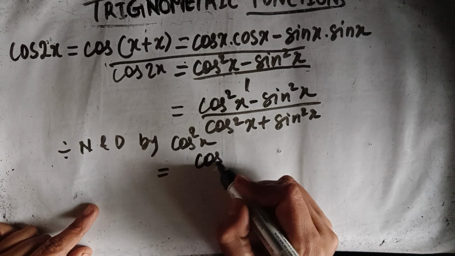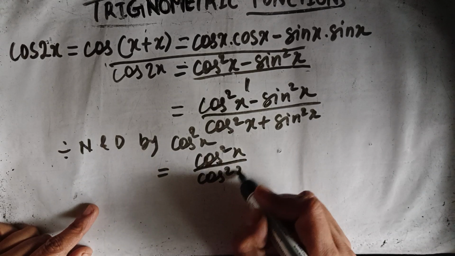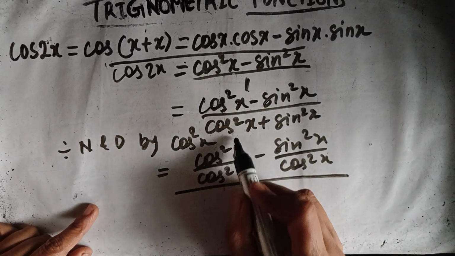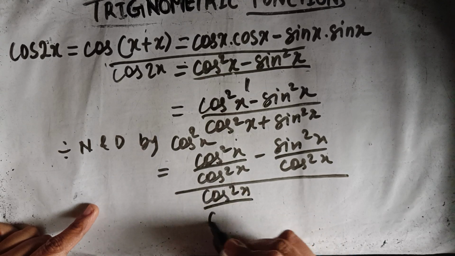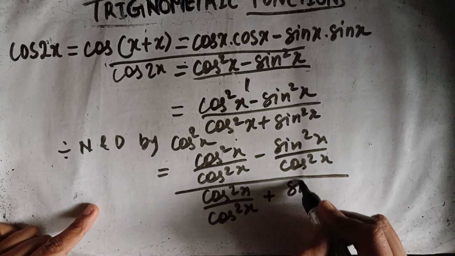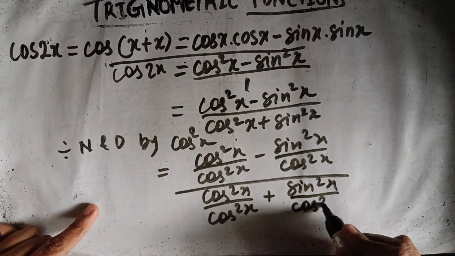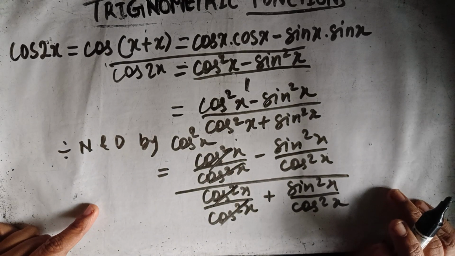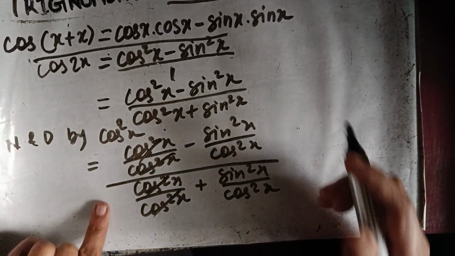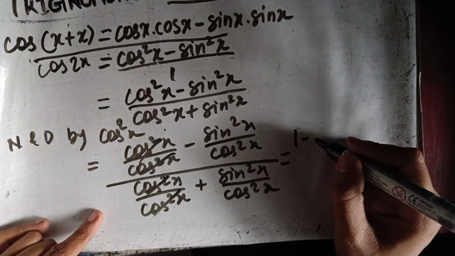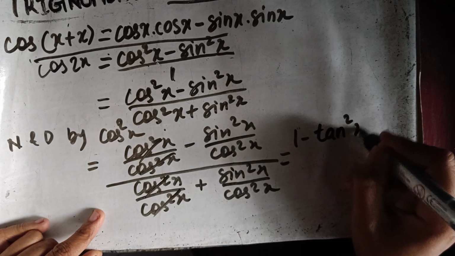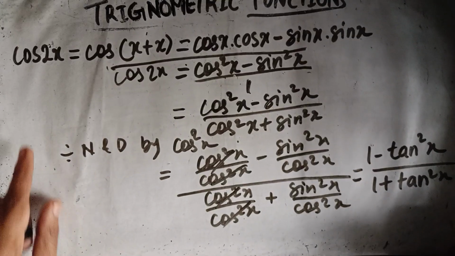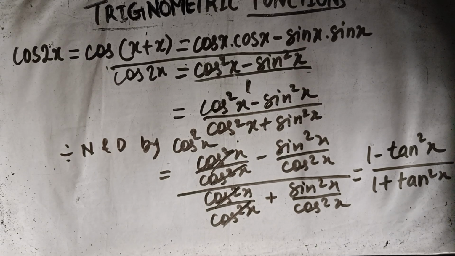So it will be cos²x upon cos²x minus sin²x upon cos²x, divided by cos²x upon cos²x plus sin²x upon cos²x. So this gets cancelled and you'll get (1 − tan²x) upon (1 + tan²x). So this is another cos 2x identity. Okay. So like we have cos 2x, we also have sin 2x.